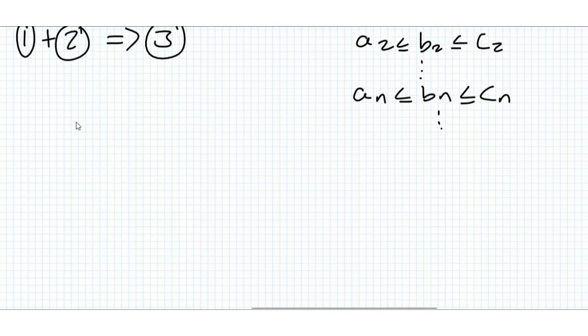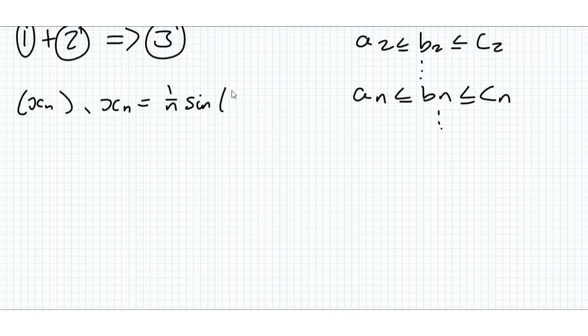So we're going to have a sequence (xn) defined by the individual terms xn equals 1 over n sine of 4 over n cubed. We want to use the sandwich theorem to find the limit of this as n tends to infinity.